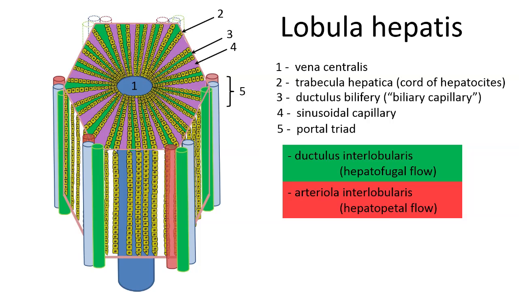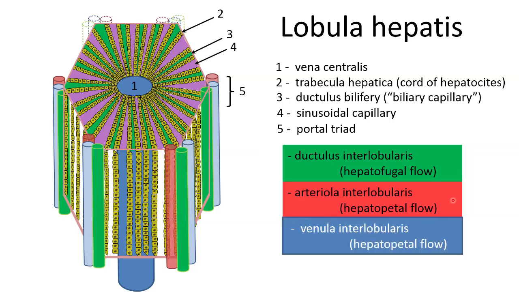That's why we use red color. So hepatopetal flow. And the third is the venula interlobularis. It's interesting that the vena interlobularis also has hepatopetal flow. Hepatopetal means from the periphery to the center, inside of the organ.